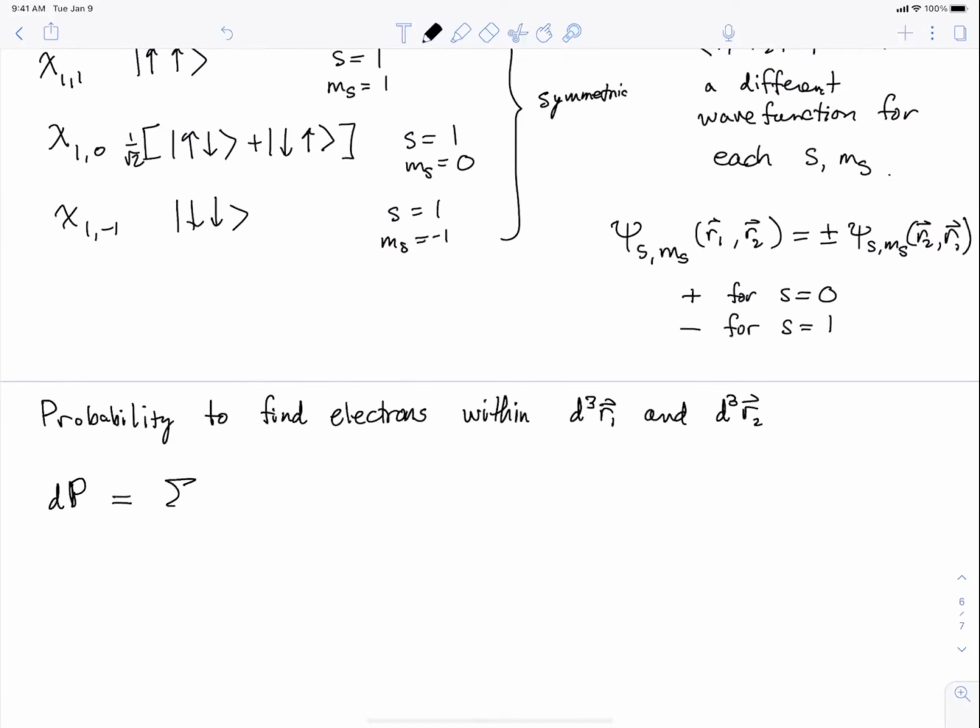And what we do is we sum over the spin and the z component of the spin. We multiply by the infinitesimal volumes.